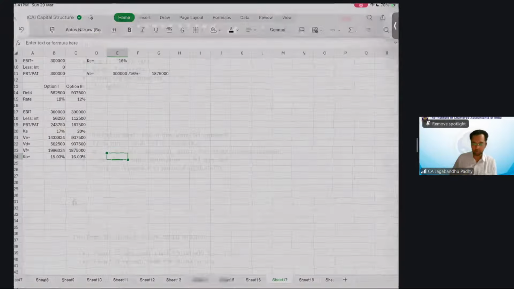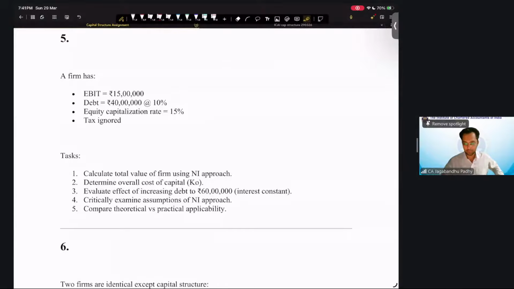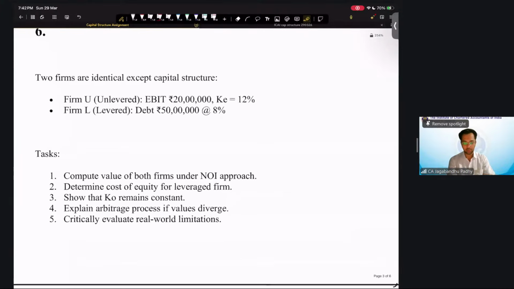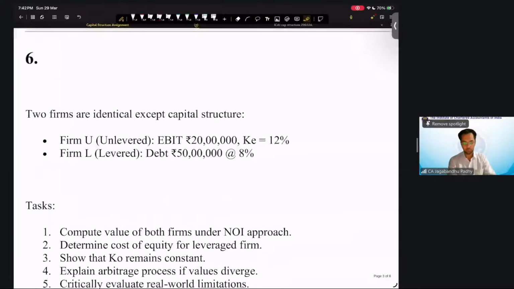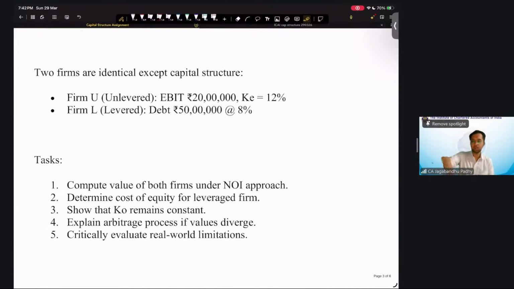Fine. So let us do some questions based on it now. Question number 6. Value of both firms under NOI approach. That is one thing you need to compute.